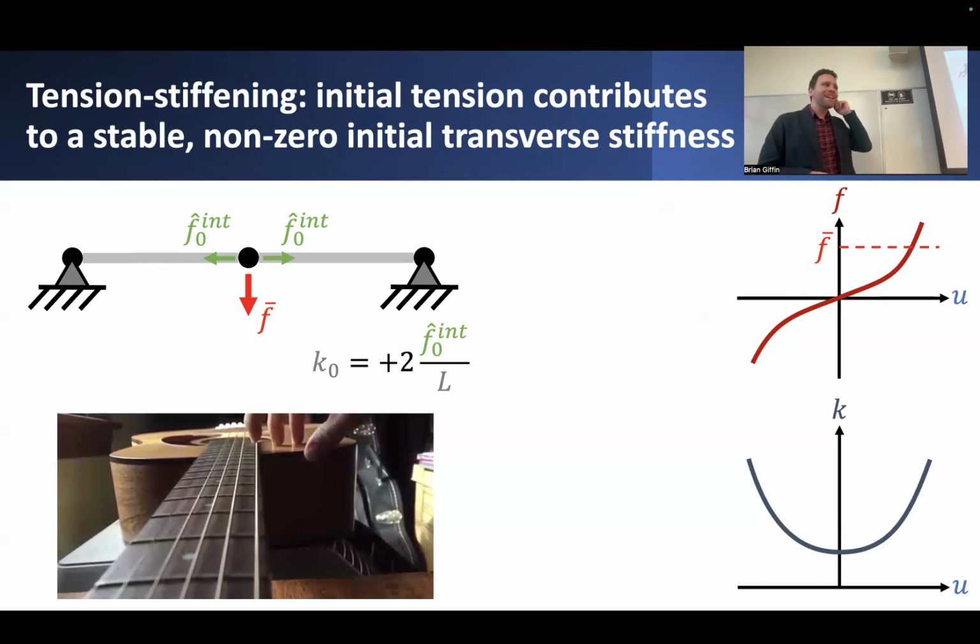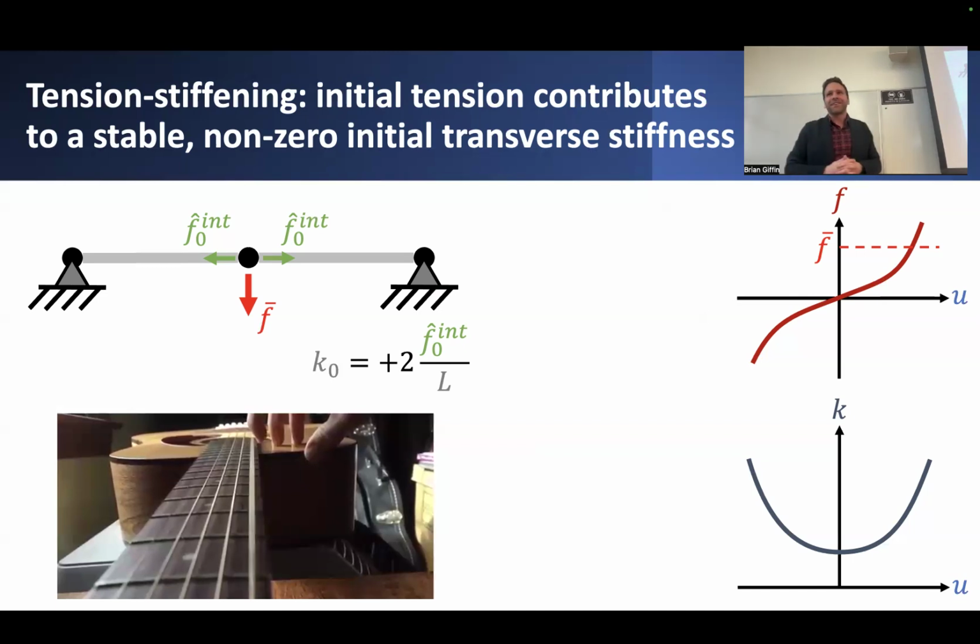That actually comes into play in all kinds of different settings, as in the case of stringed musical instruments. If you take some kind of string on a guitar or something, to tune these instruments, what you're doing is you're actually increasing or decreasing the amount of tension in one of these strings. And what happens? At different levels of tension, the string will actually exhibit a totally different transverse stiffness.